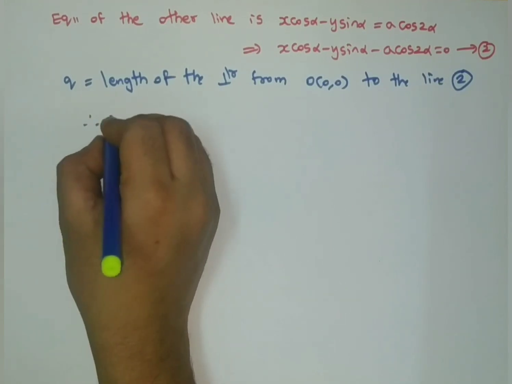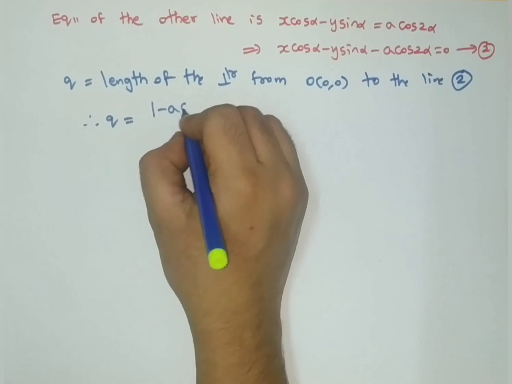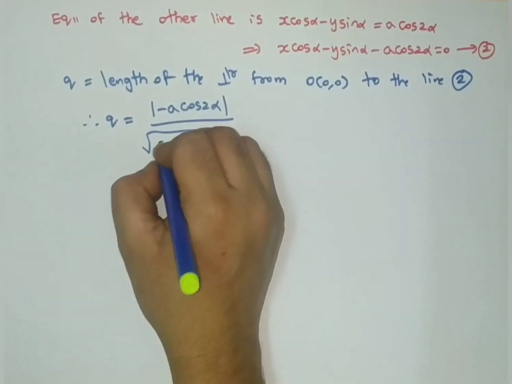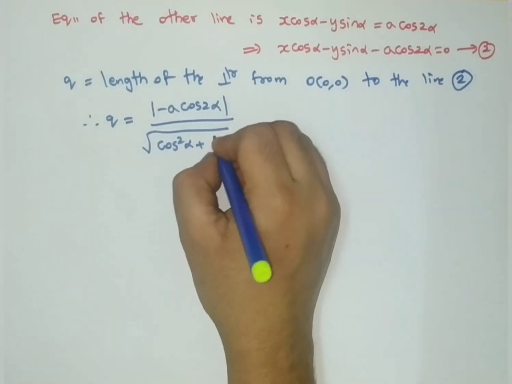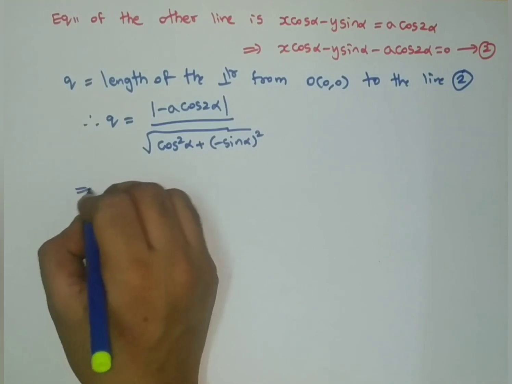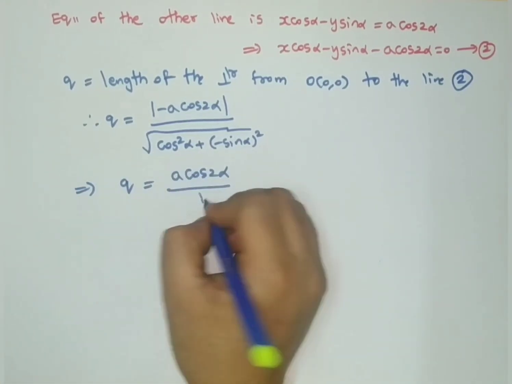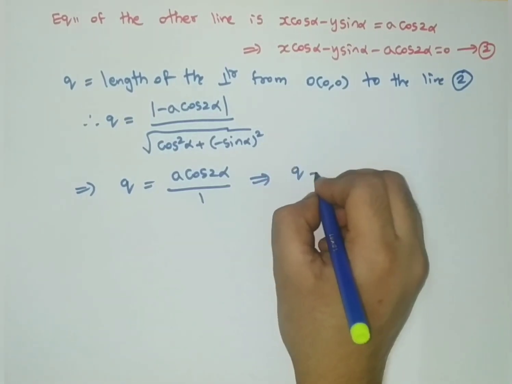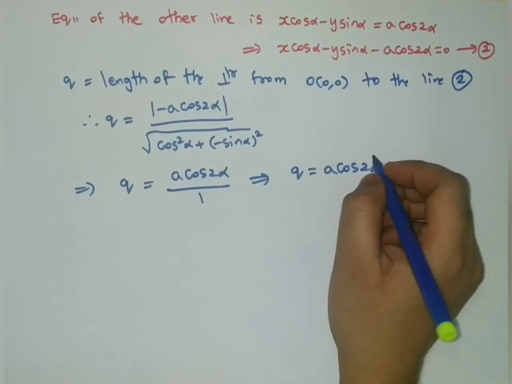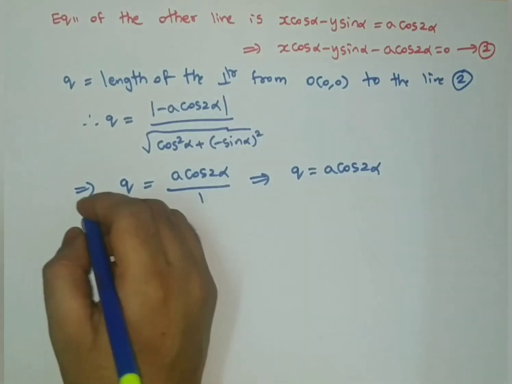So therefore q is equal to, we can apply mod c by under root of a square plus b square, that is under root of cos square alpha plus minus sin alpha whole square. So that is equal to, q is equal to a cos 2 alpha by 1. So that implies the q value is a cos 2 alpha.